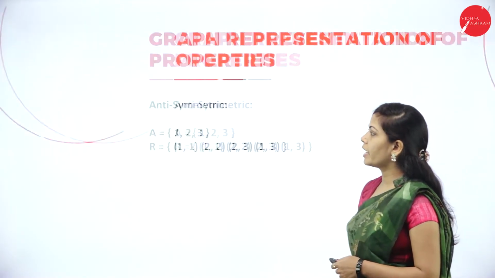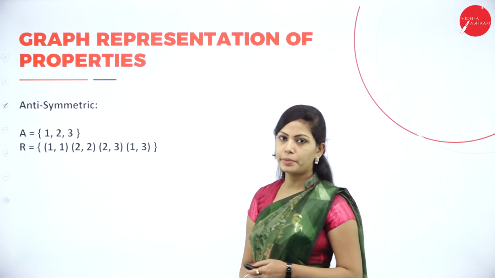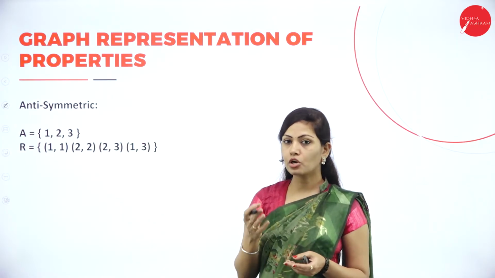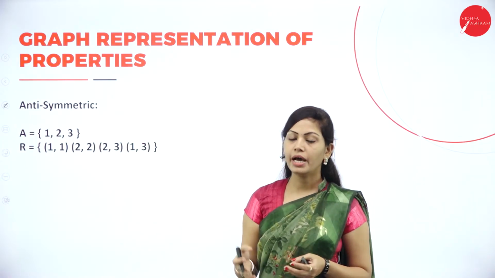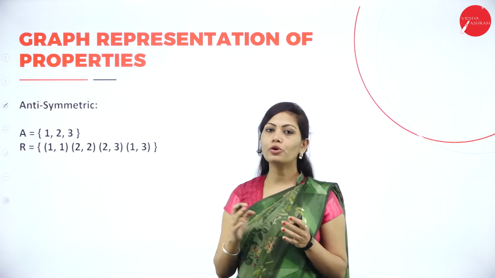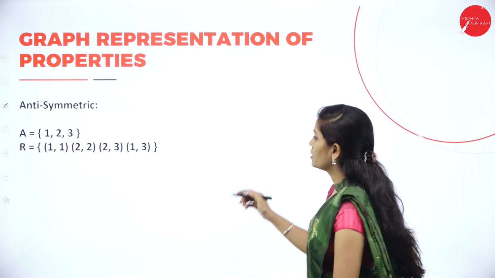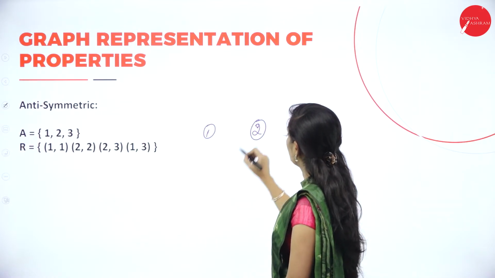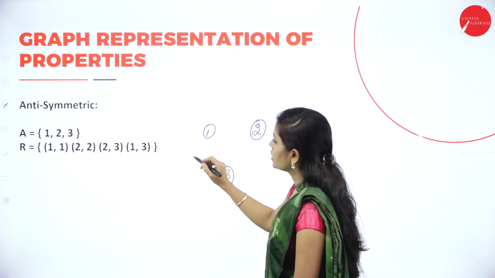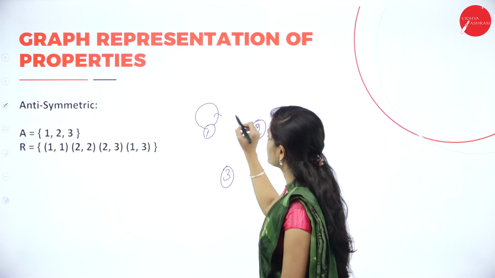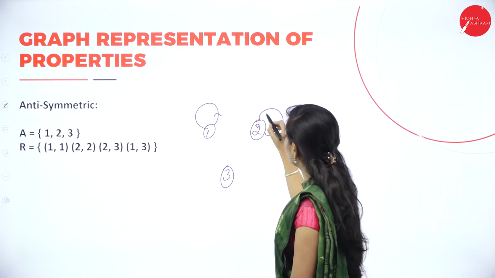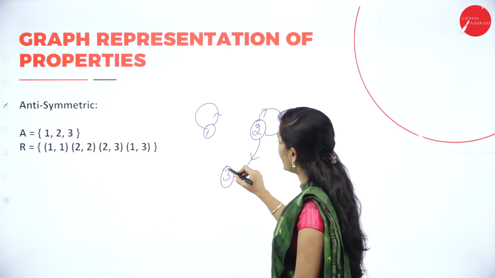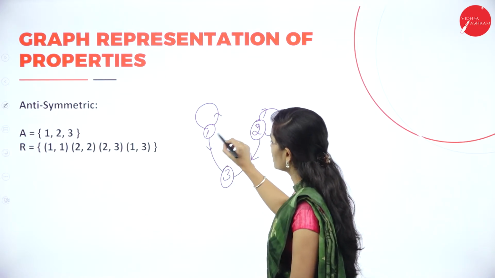And the next one we have is the antisymmetric property. So what is this antisymmetric property? Symmetric means a closed loop between 2 vertices and antisymmetric means no closed loop between 2 vertices. So again we have 3 set elements 1, 2, 3. 1 to 1 means it is a self loop. Again 2 to 2 self loop, 2 to 3 and 1 to 3.